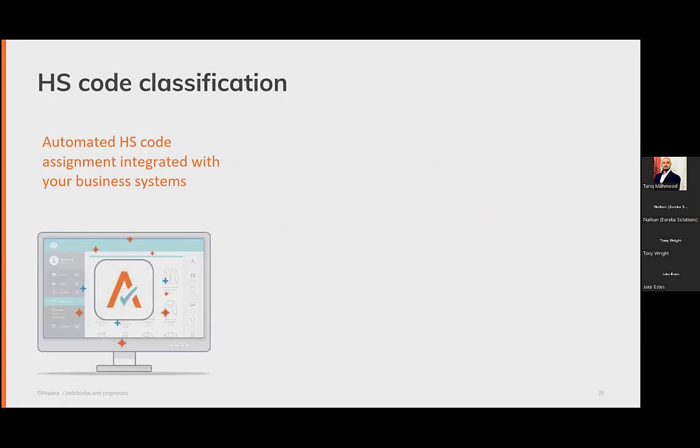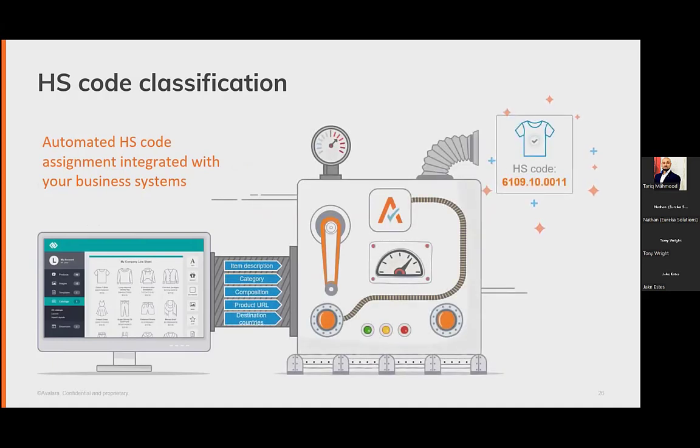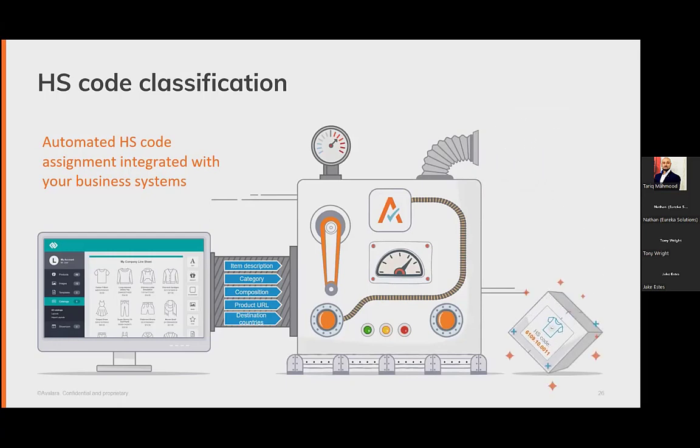So Avalara can automate the HS code assignment by integrating with your business systems. We use a combination of artificial intelligence and human expertise to ensure that we provide the correct HS code for each of your products for each of the countries you are shipping to.